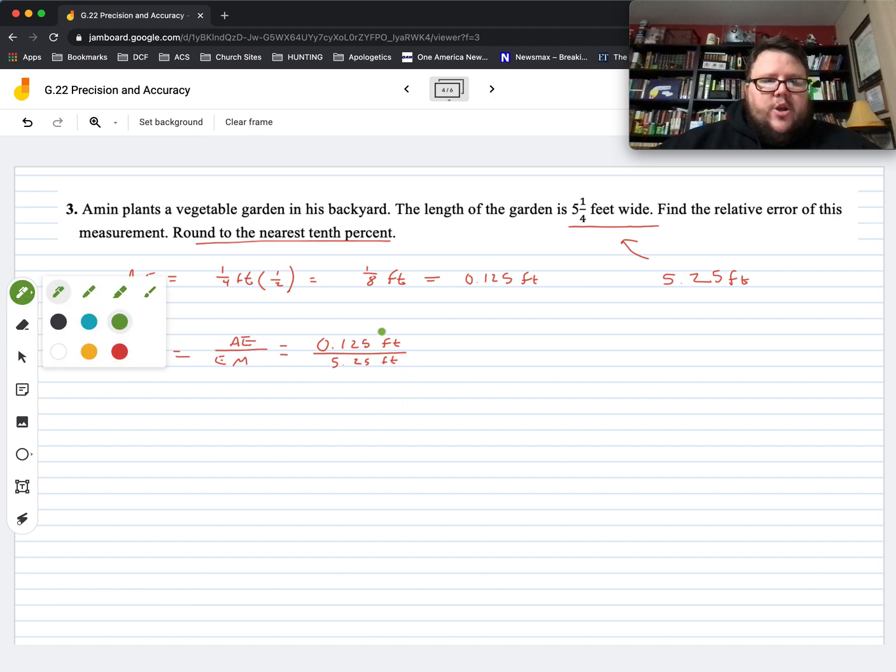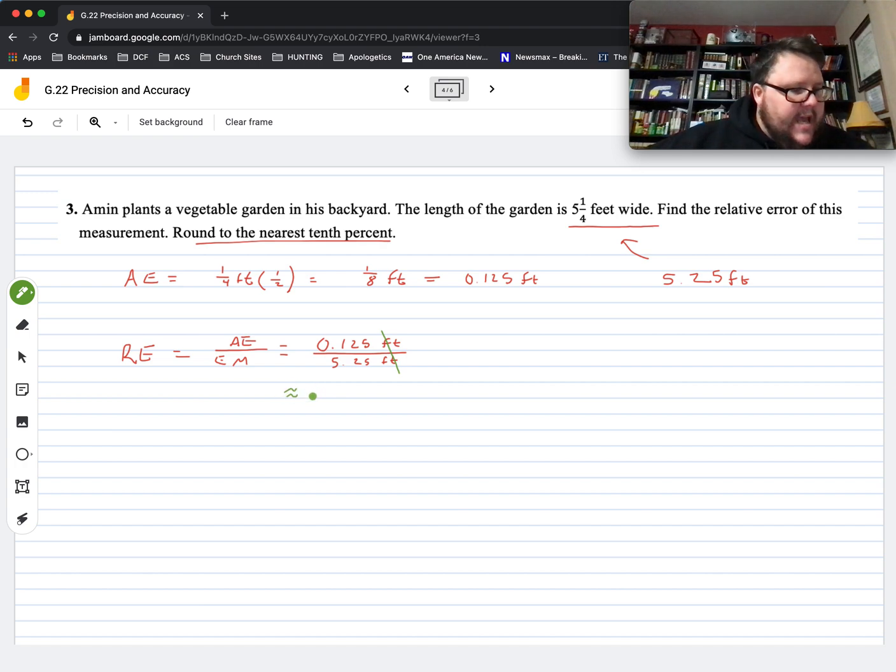So you notice our units cancel, and we get 0.125 divided by 5.25, and I get approximately, and I say approximately because we're rounding at some point, 0.024.